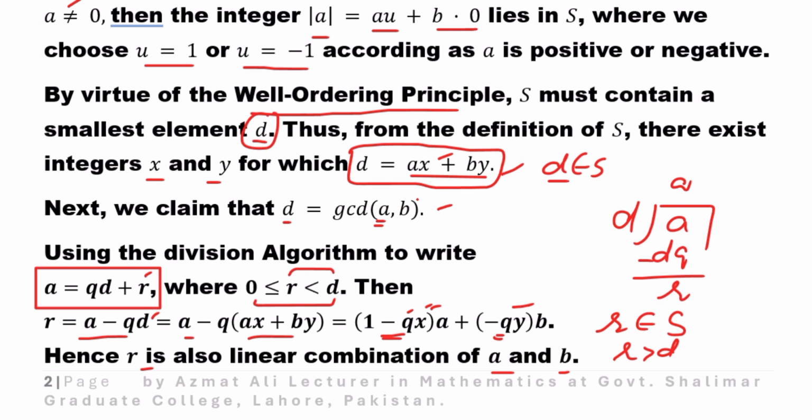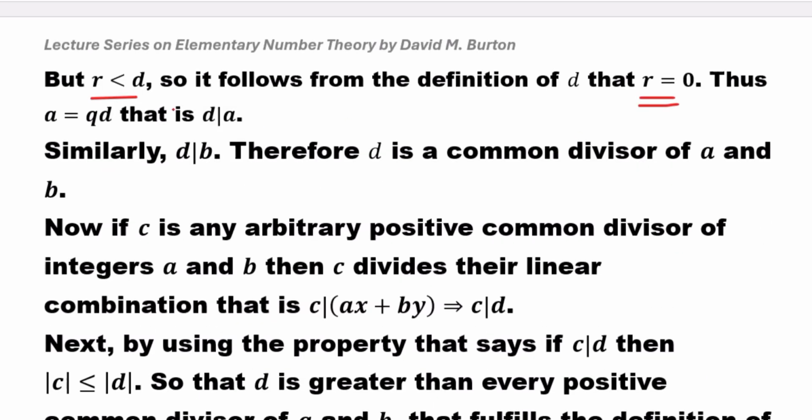So if you write any element as a linear combination of a and b, it would not be less than d, because there is only one possibility for a linear combination that is less than d. It should be 0.